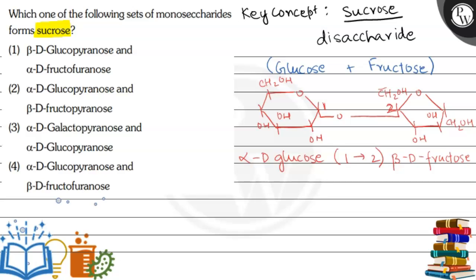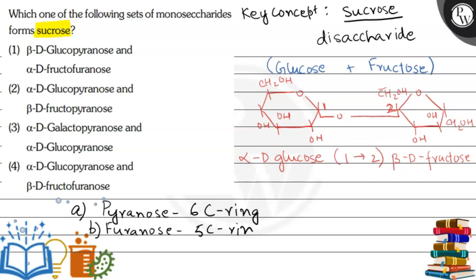Now, when a monosaccharide takes a cyclic structure, then it can be present in two types of ring forms. The first one is a pyranose, which is a 6-carbon ring structure, and the second one is furanose, which is a 5-carbon ring structure.